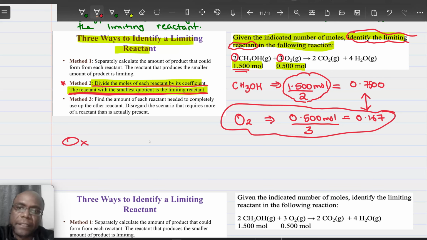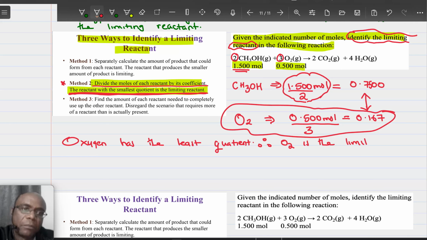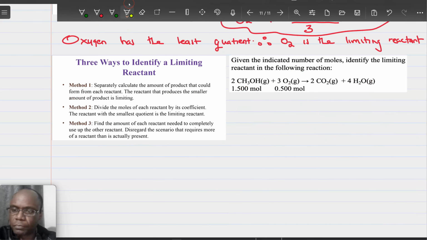So we'll say here, oxygen has the least quotient according to method 2. Therefore, oxygen reactant is the limiting. It's going to be completely consumed in this reaction and methanol will have leftovers. That's the idea.